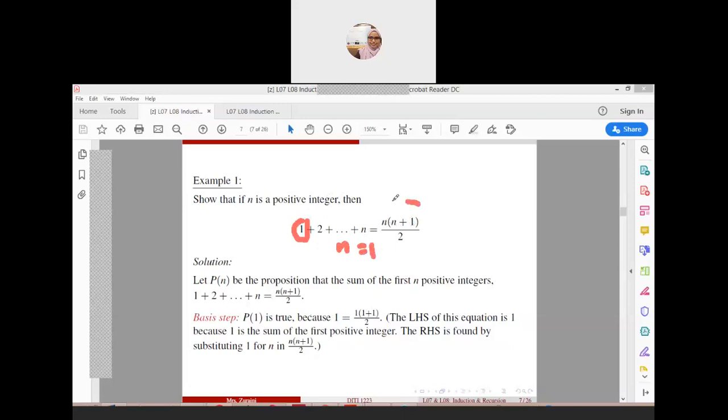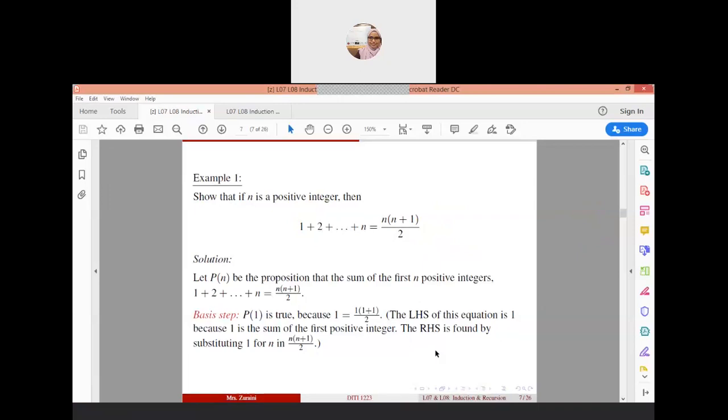When we replace n with 1, we get 1 times 1 plus 1 divided by 2, which is equal to 2 divided by 2, and it is equal to 1. So we know that the left hand side is equal to the right hand side, 1. So for the basis step, done. It is a true statement.